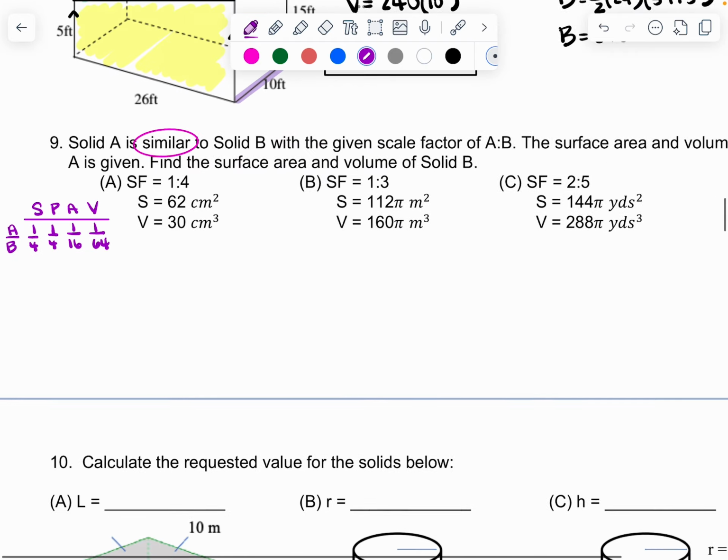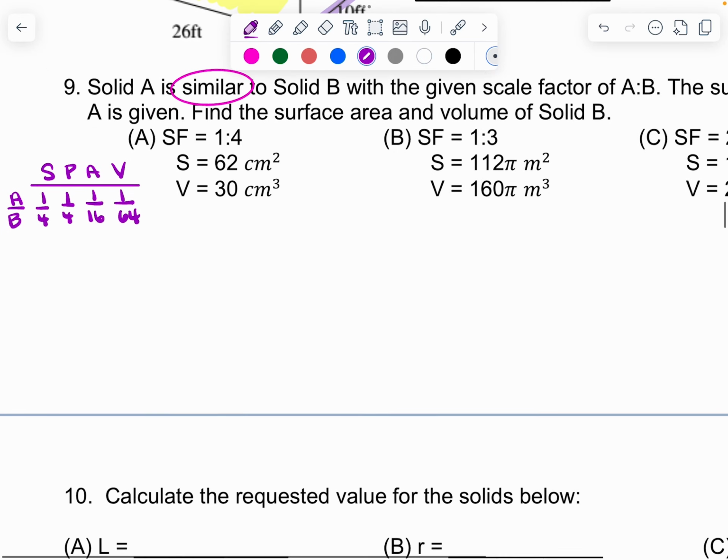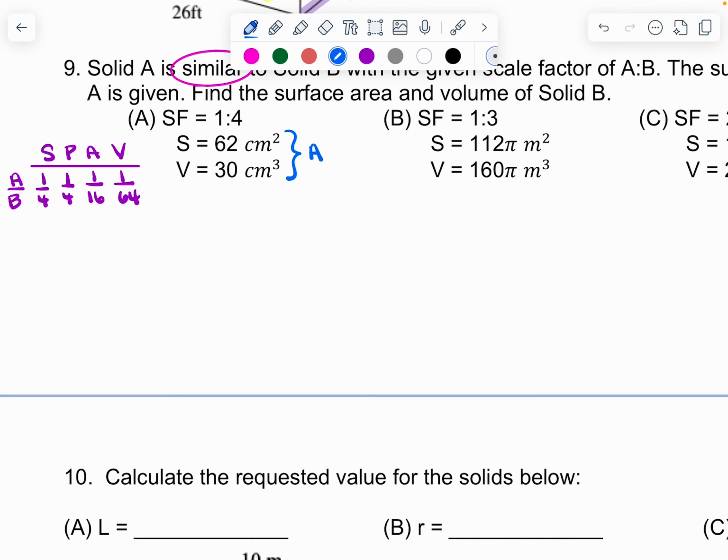Okay, and now that I have that, I should be able to solve for the missing values. And it says the surface area and volume of A is given, right? So all of this information right here is about solid A. And again, I don't know what shape it is. It could be a cylinder, a cone, a prism, I don't know, and it doesn't really matter, right? So when I set up my proportion, and again, no, you don't have to set up a proportion, but I'm totally gonna.